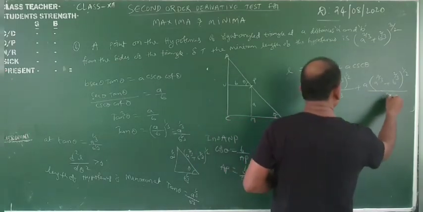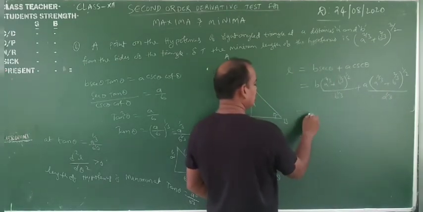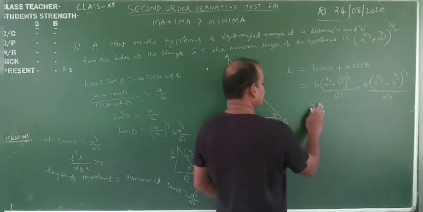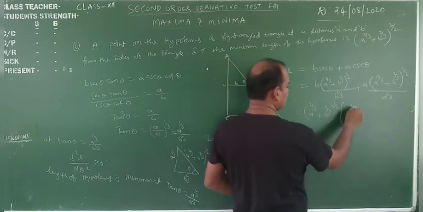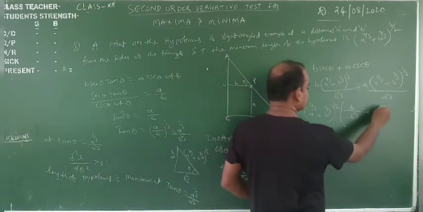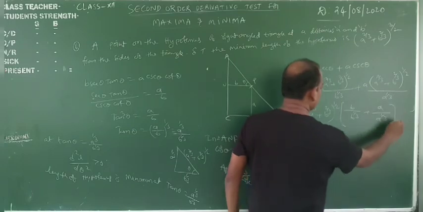Now take common, what do we take common? A power 2 by 3 plus B power 2 by 3 whole power 1 by 2 taken common. What is the remaining? B by B power 1 by 3 plus A by A power 1 by 3.